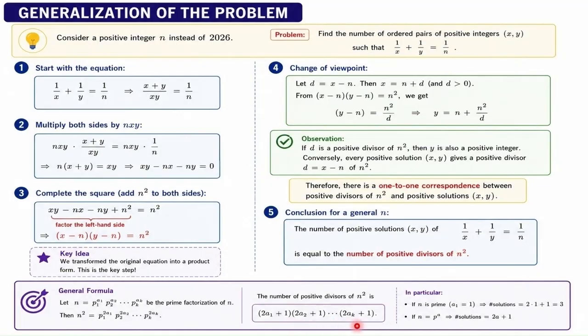This is one of the things I really like about mathematics. Sometimes a simple-looking problem leads to a powerful and elegant result. I also hope this video showed you that mathematics is not only about calculations. It is about looking at the problem from a different point of view.